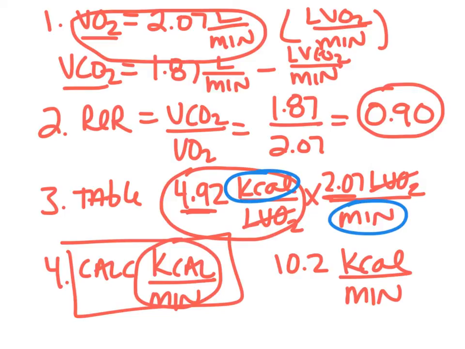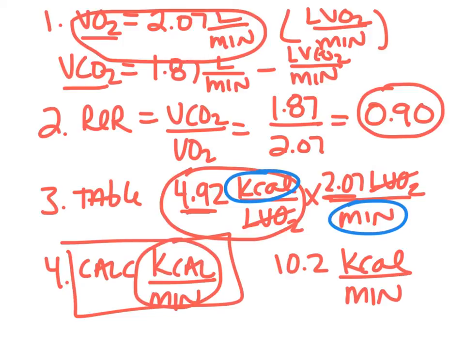So just looking at the caloric equivalent, you know that you need to multiply it by VO2, not VCO2. Okay? So liters of VO2 cancels, you're left with calories per minute. And so the answer to the question is 10.2 calories per minute.